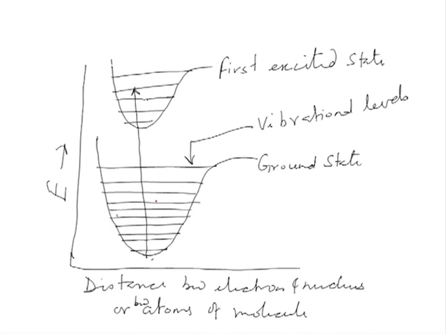So, what you can see here is very clearly shown: the transition occurs from one electronic state to another. This transition could be between the vibrational levels of the two electronic states, that is the ground state and first excited state, and rotational levels are not shown, which could be a further division of vibrational levels. Likewise, there could be a transition within the electronic level between, say, vibrational levels.